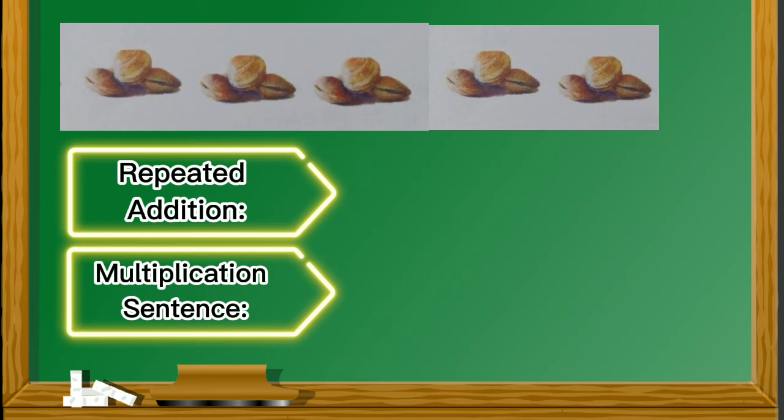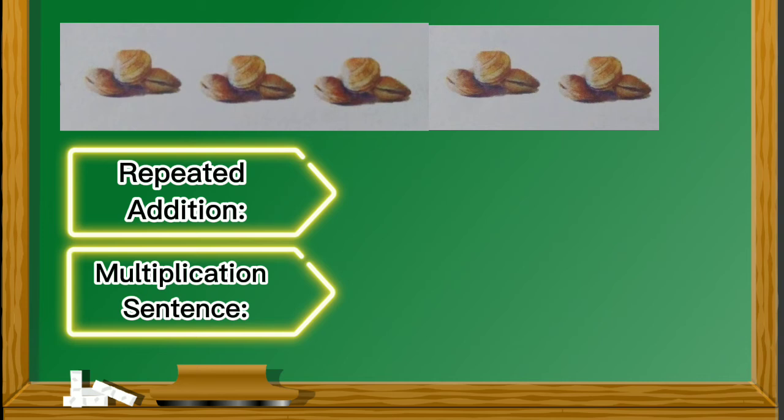Again, 1, 2, 3. There are 3 shells in every set. So now, let us count how many sets of shells are there. 1, 2, 3, 4, 5. Again, 1, 2, 3, 4, 5. Very good.